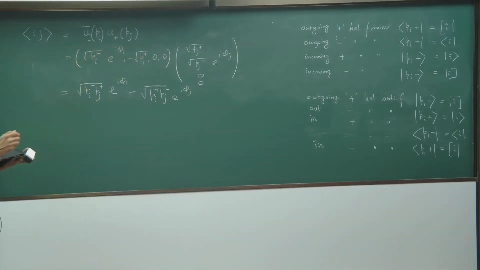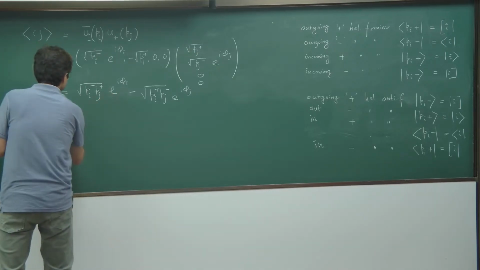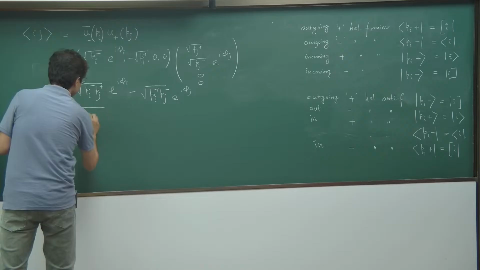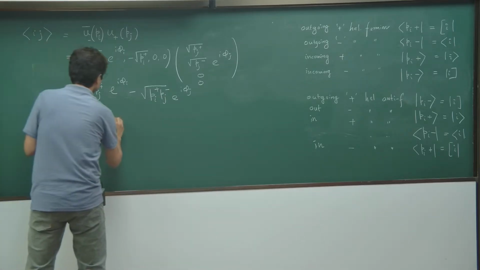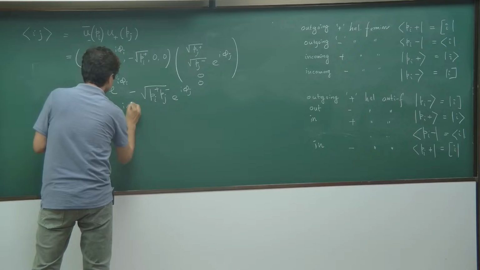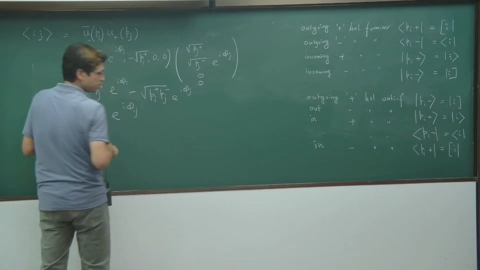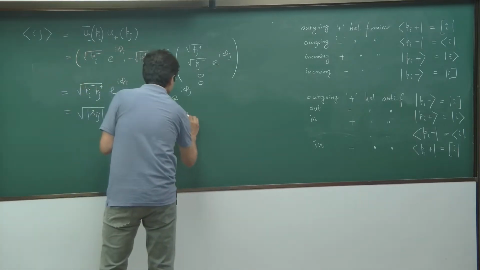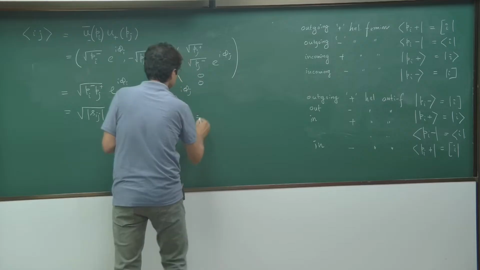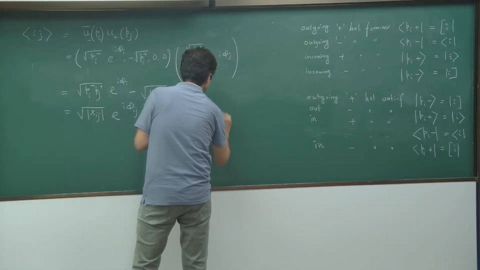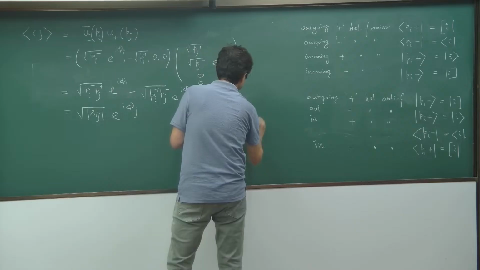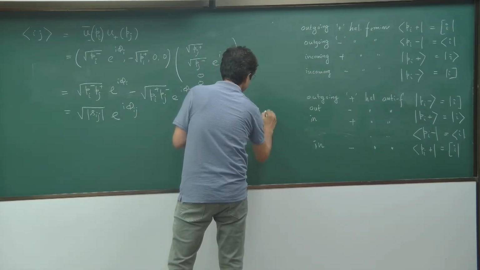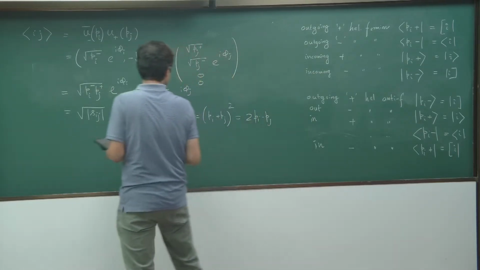This simple exercise, and this can be written as S_ij e^{i phi_ij}, where this S_ij is basically (p_i plus p_j) squared, which for massless particles is p_i dot p_j.